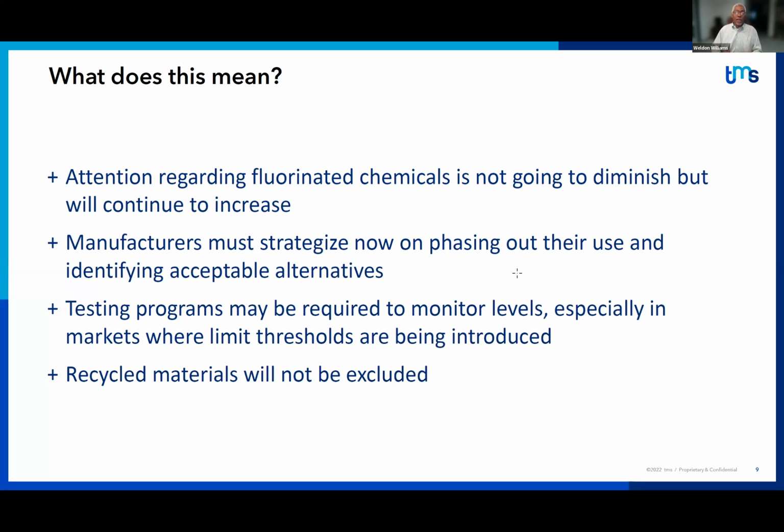I'm thinking specifically of BPA moving to BPS, and now all of a sudden everybody doesn't like BPS either. And so now you have regrettable alternatives, right? It's going to require testing protocols to ensure that you're following suit with exactly what you're attempting to do.